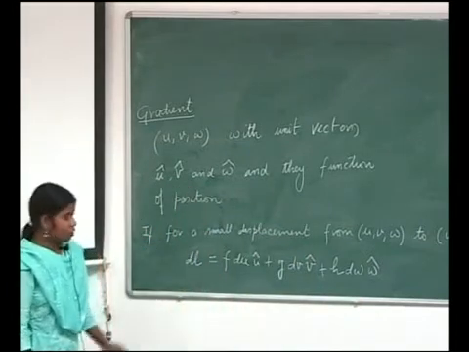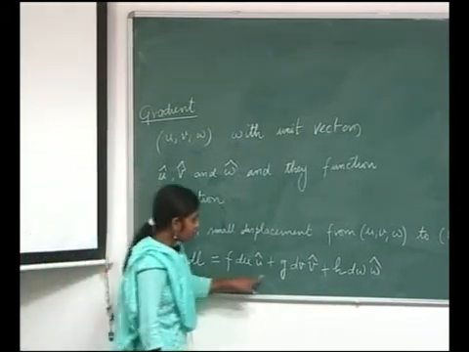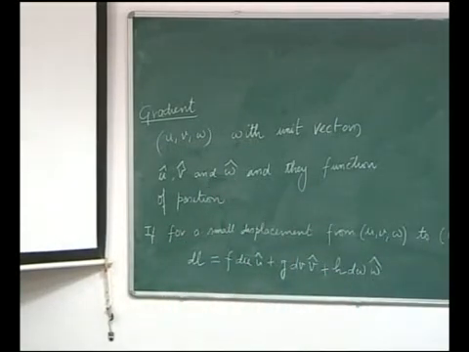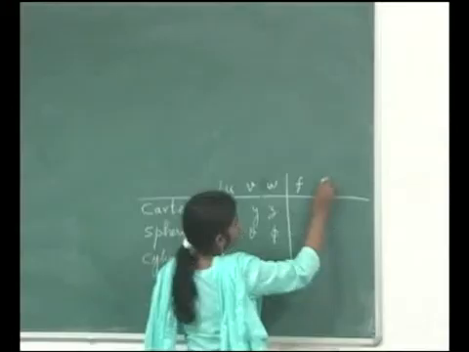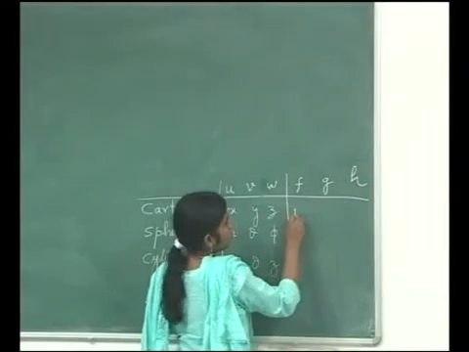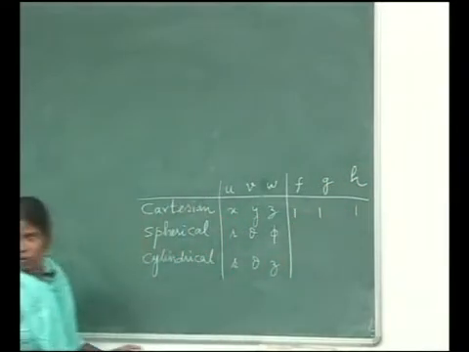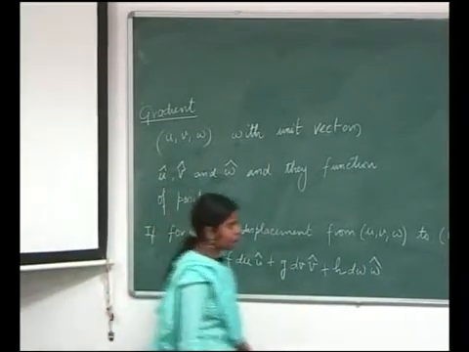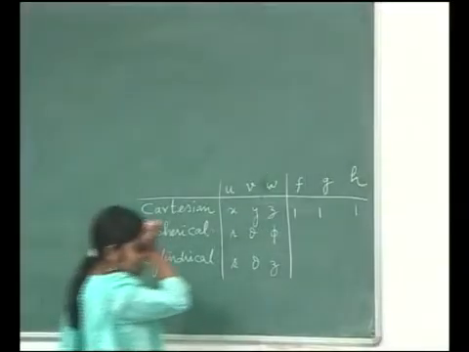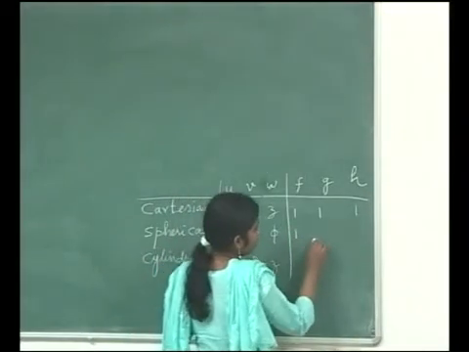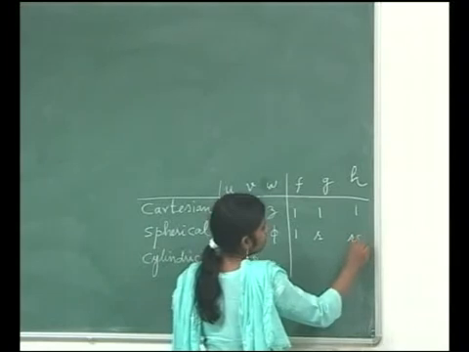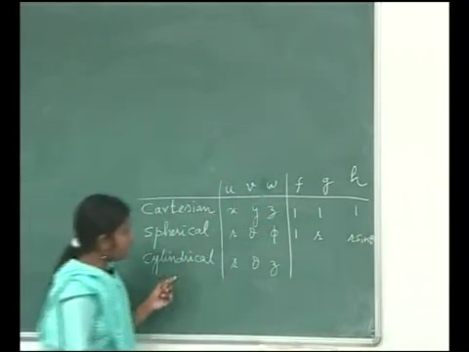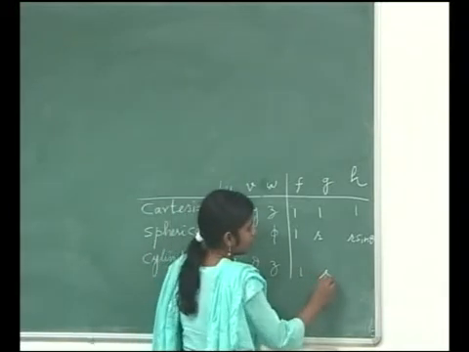Okay, where these f, g, h have the value 1 in the Cartesian system, and in the spherical system it is 1, r, r sine theta, and in the cylindrical system it is 1, r, 1.